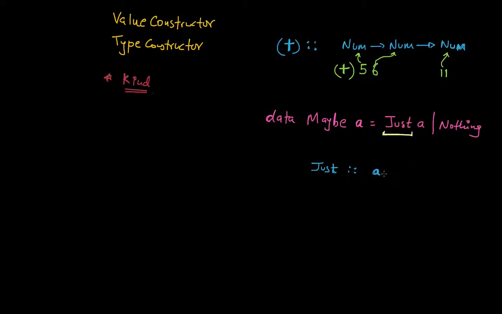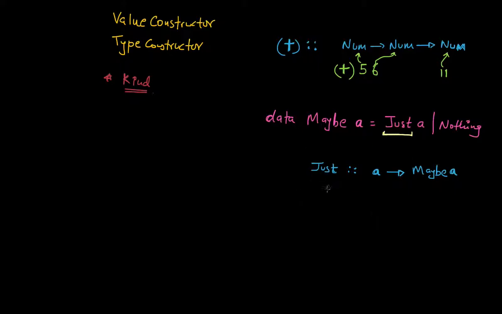It takes in the first parameter, and out comes back another value that has a type of Maybe a. Okay, so this is the type for the value constructor Just.